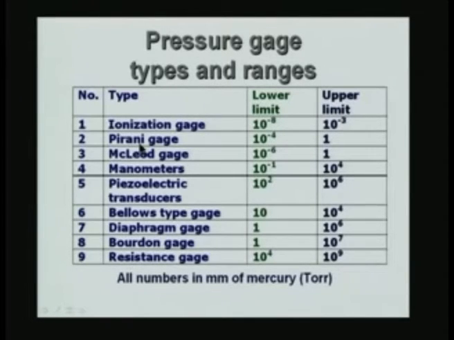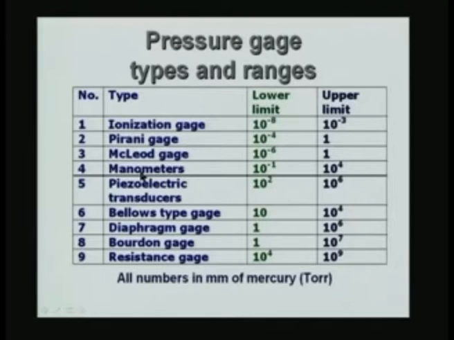The second one is a Pirani gauge. We will just look at the names now, later we will describe them in more detail, which can be used between 10^-4 millimeters of mercury and 1 millimeter of mercury, still in the vacuum side. McLeod gauge is also an instrument which is used for measurement of vacuum, 10^-6 millimeters of mercury to 1 millimeter of mercury at the upper limit.